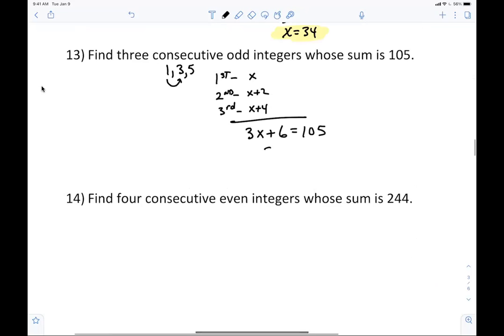Subtracting 6, 3x equals 99, and so of course now x equals 33. So it's 33, 35, and 37. I like to write it 33, 35, and 37.